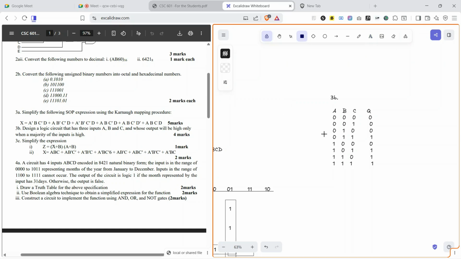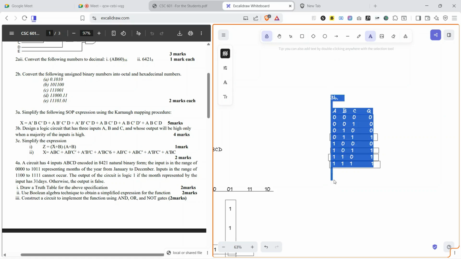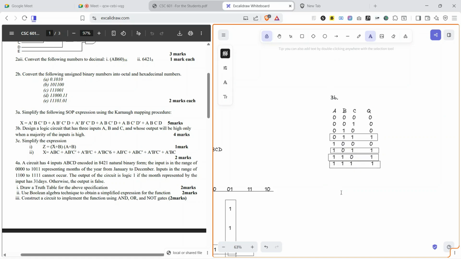So the parts that are high, we have this, this, this, and then this. So Q will now be equal to, for this part, A bar because the A side is zero.